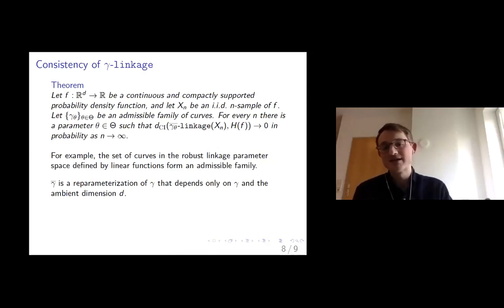I can say that if your sequence of samples is monotonically improving in the extent to which it's approximating F, so if it's monotonically improving in the Gromov-Hausdorff-Prokhorov distance, then yes, the correspondence interleaving distance between the two hierarchical clusterings will also be monotone.